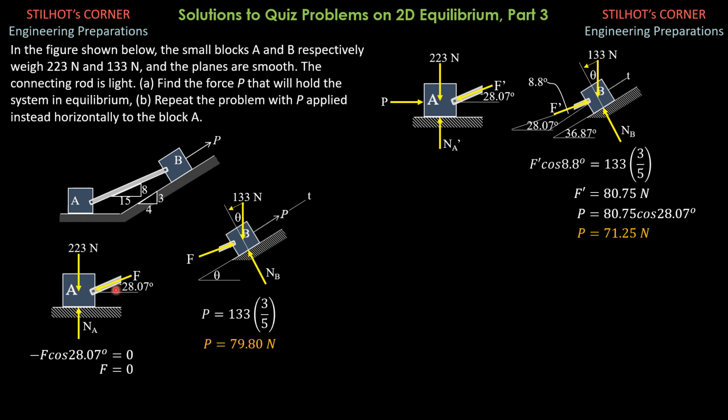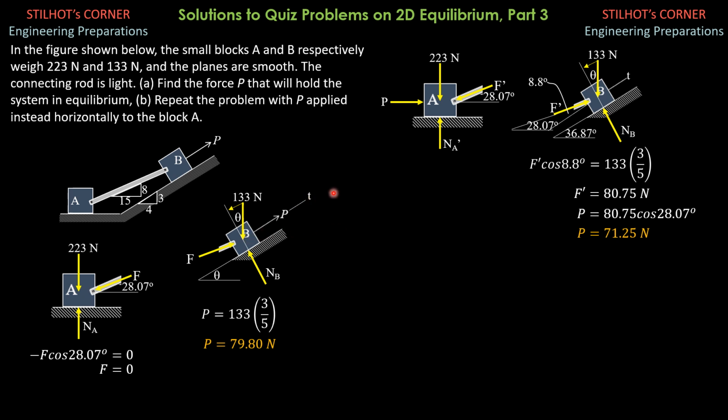Then we transmit F in this free body diagram of body B. Take note that F is 0, so we don't mind. Then this is the normal axis. If that is theta, the angle between the weight 133 and the normal is also theta. Since F is 0, summation forces along the tangential axis where P is directed is 0.